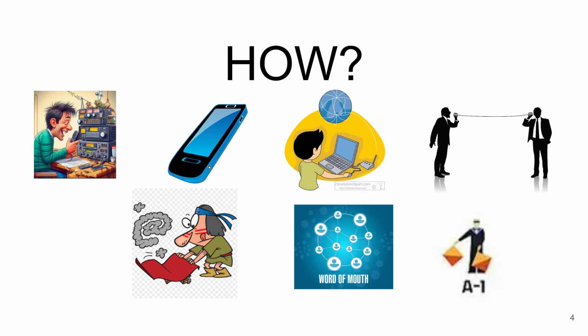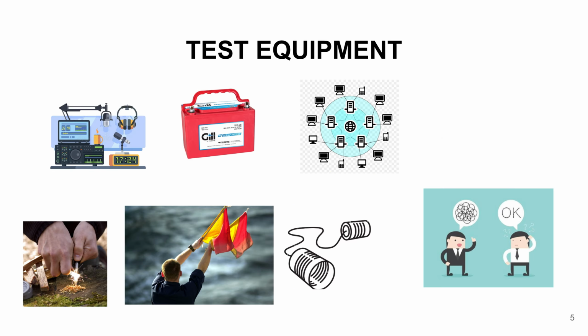We need to test our equipment. If our emergency plan uses any kind of equipment, we need to make sure it's in working order and that we can use it effectively. Can we operate any radios that we need to? Are the batteries in our equipment strong and charged? Do we still have internet access if we need to use our plan?